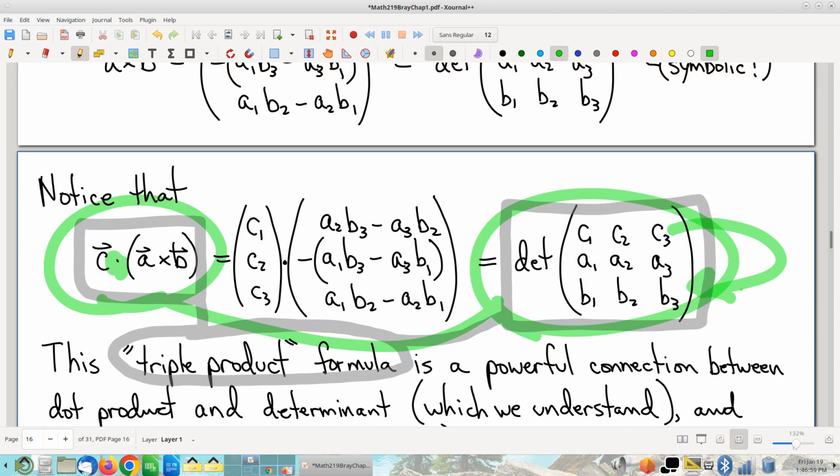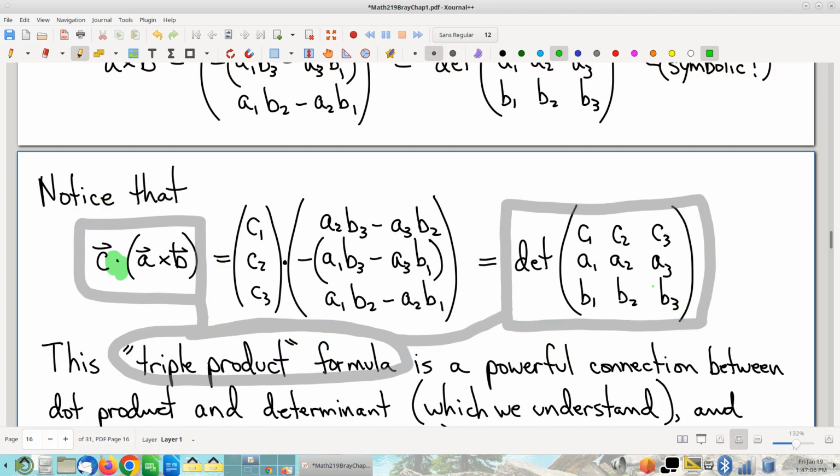Not that you can't deal with that, of course, but for that reason, just to avoid the potential confusion, I have a personal policy, and you're not required to follow this, but I do recommend it. I think you'll find this useful. I always write a triple product with the dot product on the left and the cross product on the right. I think you'll find that that's, in the long run, just very helpful. It avoids confusion.